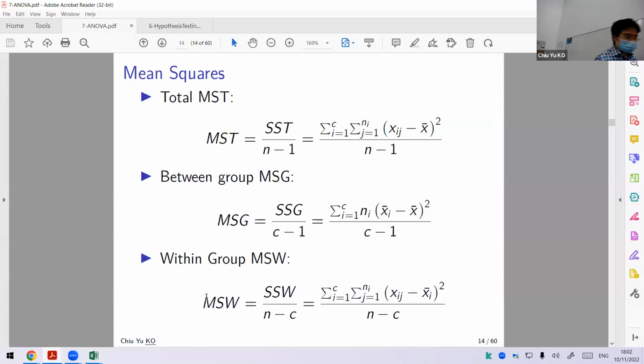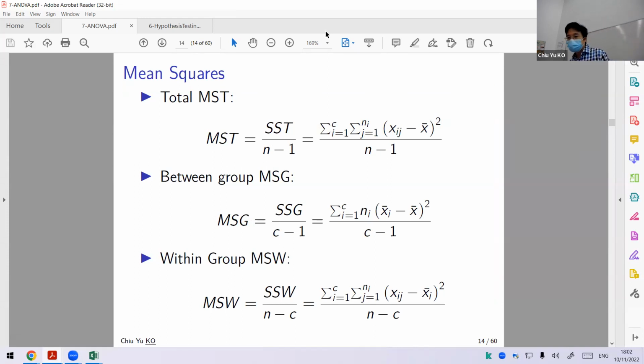Now, the next is what we call the MST, MSG, and MSW. So what are these things? Remember, Xij are bell curves, right? Xij is following a bell. X bar is also a bell, Xi bar also, everything is a bell.